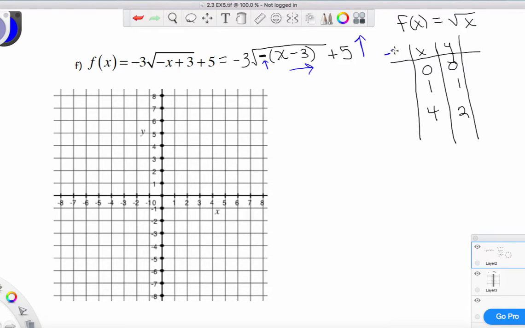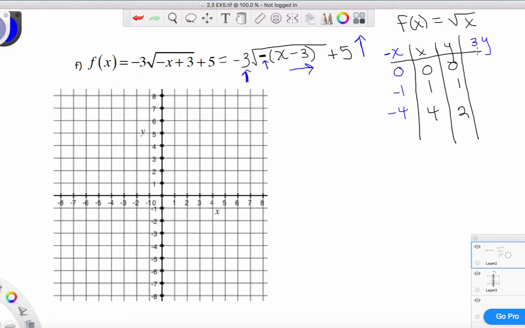So negative x means that all of my x values are going to be opposite of what you see, and so all of those are going to flip from being positive x's over the y-axis to be negative on the other side over here.